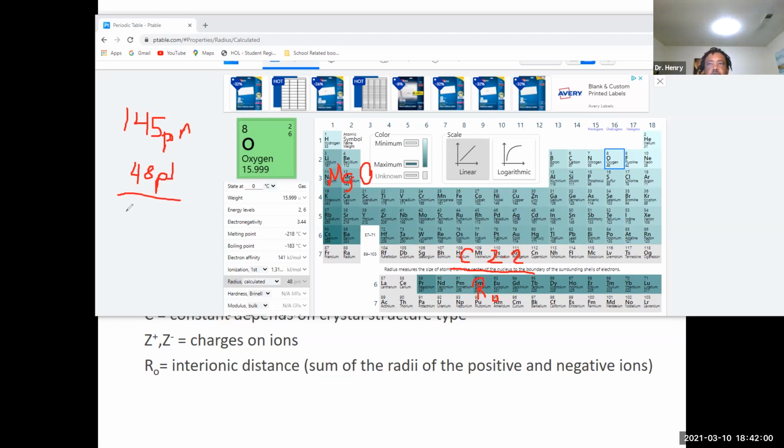We add them together and get 193 picometers, and that's what we use for R naught. So we'll end up with 4 over 193 times C, and that's going to give us our delta H for that ion. Piece of cake?